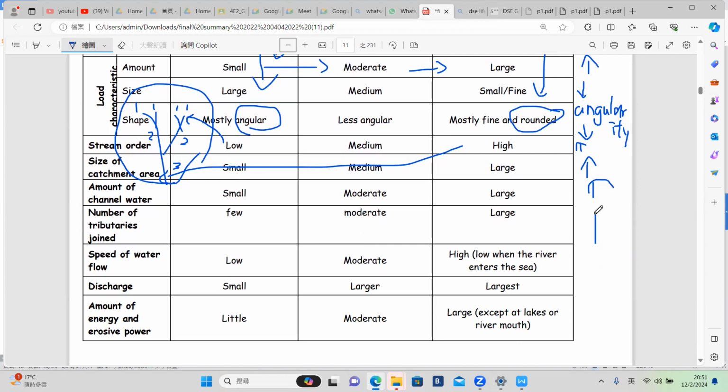Number of tributaries joined, which is more. Actually this diagram accounts for almost everything, okay. And for here, it's also increasing, okay. Speed of water flow is also increasing, because in the upper course there are more rocks, more obstacles to block the river flow, so the speed of water is lower, okay.